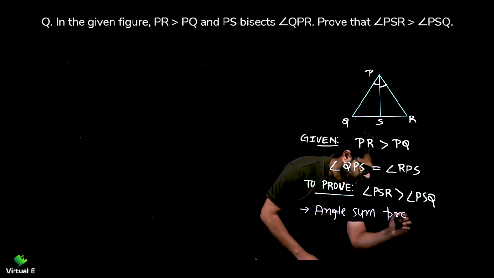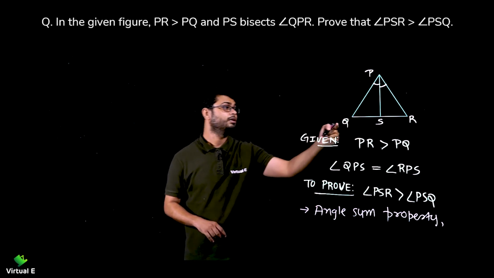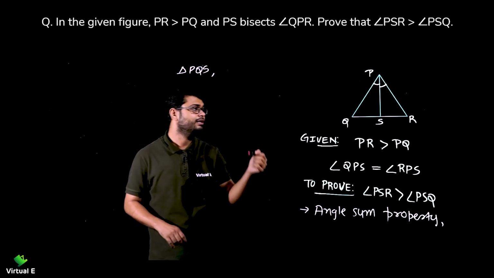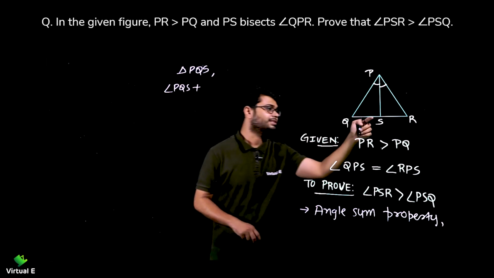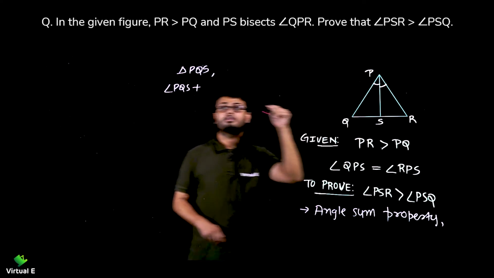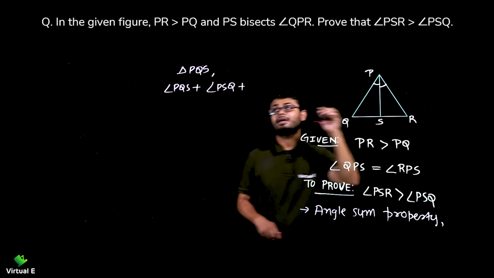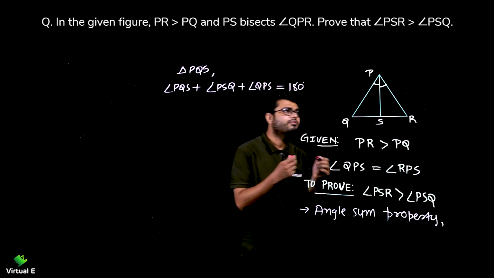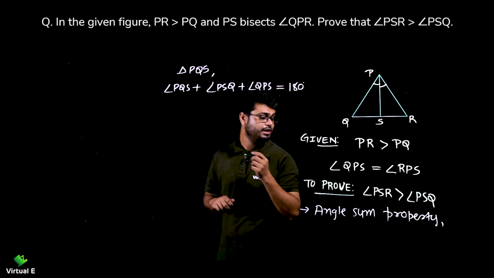For the first triangle, triangle PQS, we can write angle PQS plus angle PSQ plus the last angle, angle QPS, is equal to 180 degrees. The sum of all three angles is 180 degrees.